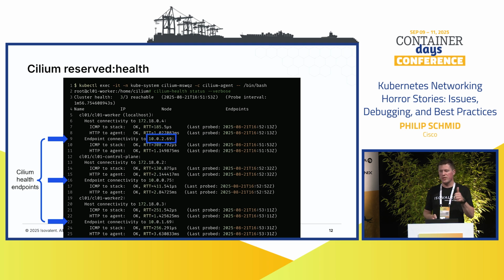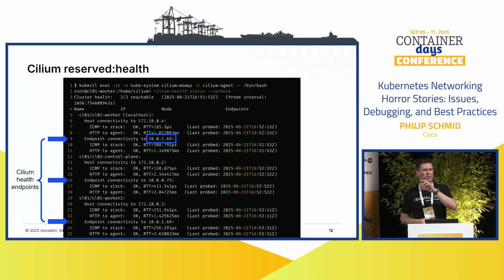The first one, the reserved one, is for the health endpoint checking, which is enabled by default. And you can also have a look at Cilium's health, especially its health related to remote node reachability. That's done by, again, kubectl exec into the pod and then issuing cilium health status --verbose, which provides you this output here.